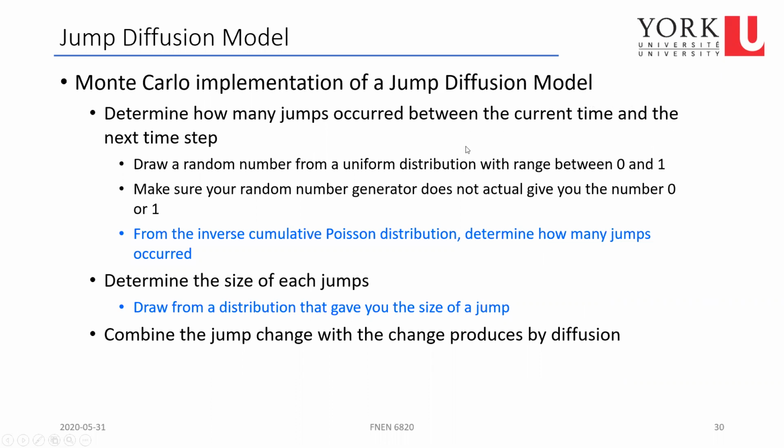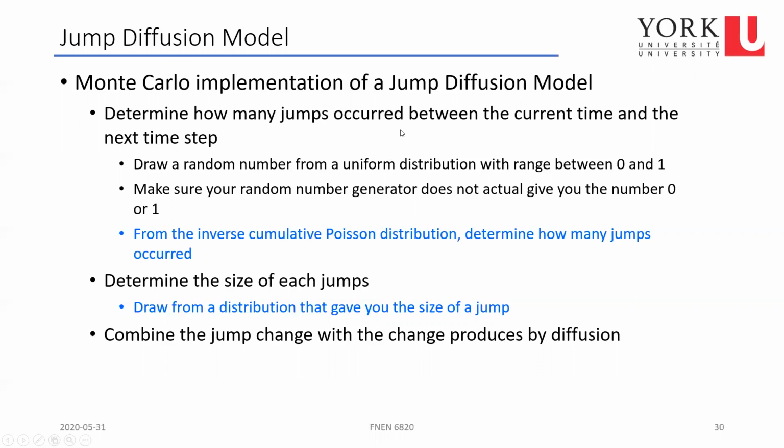But on top of that, you have to do two things. One is to determine the actual jump process, and then you have to subtract an average from the expected change.